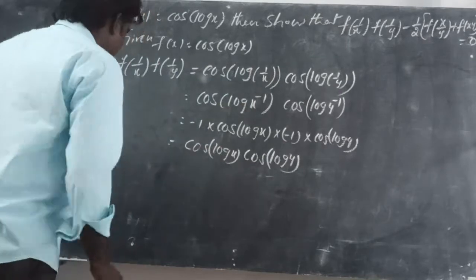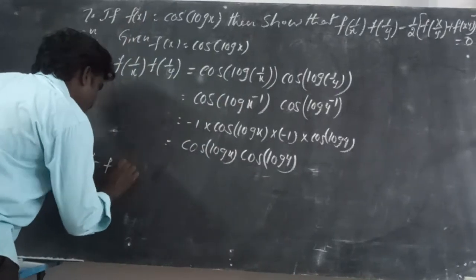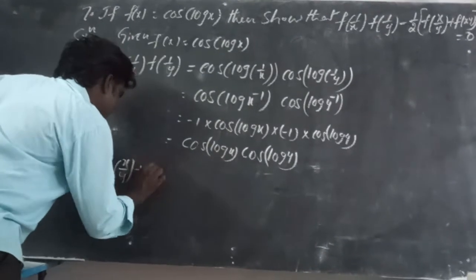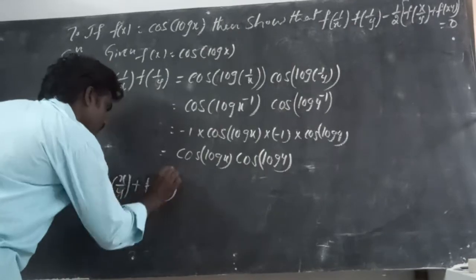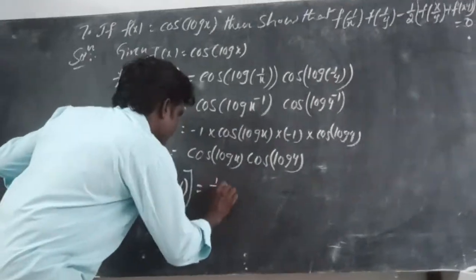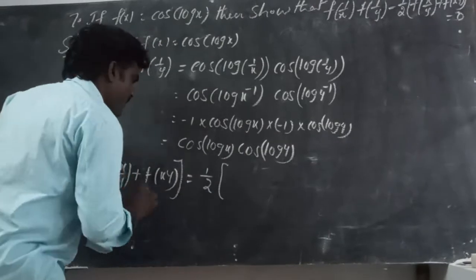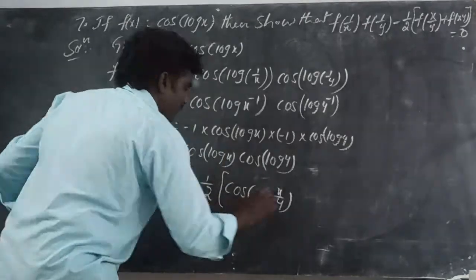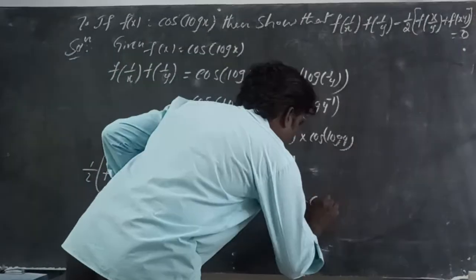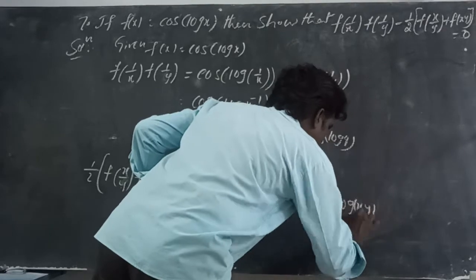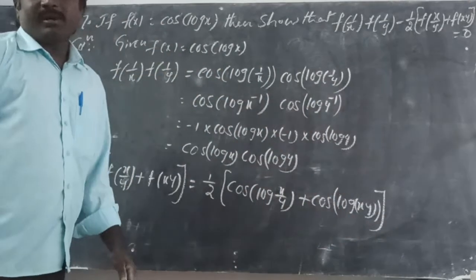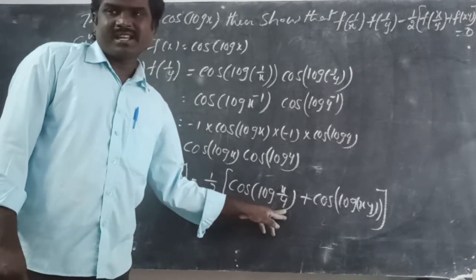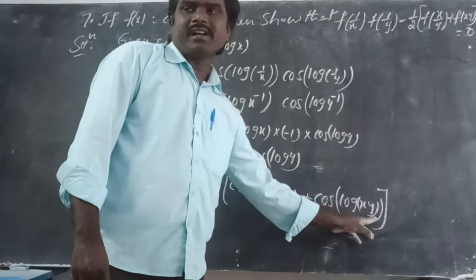Next, 1/2 [f(x/y) + f(xy)]. We can write this as 1/2 of f(x/y), that means cos(log(x/y)), plus f(xy), which means cos(log(xy)). Now log(a/b) is log a − log b, and log(ab) is log a + log b.